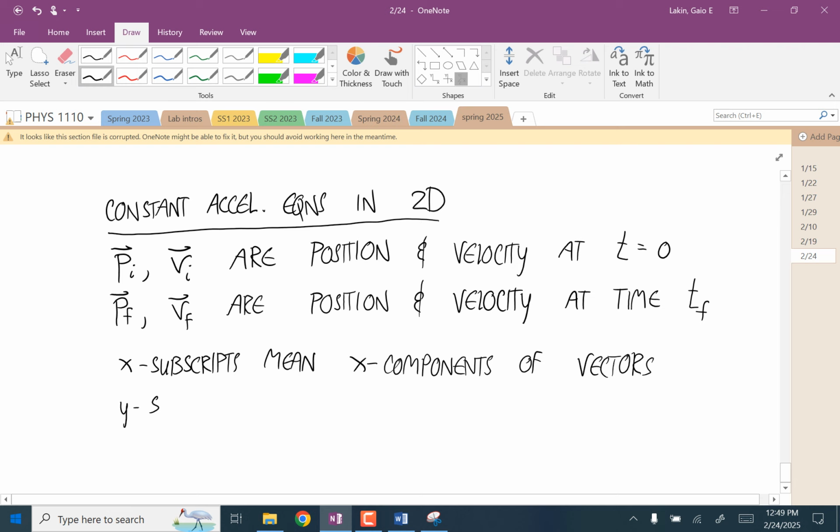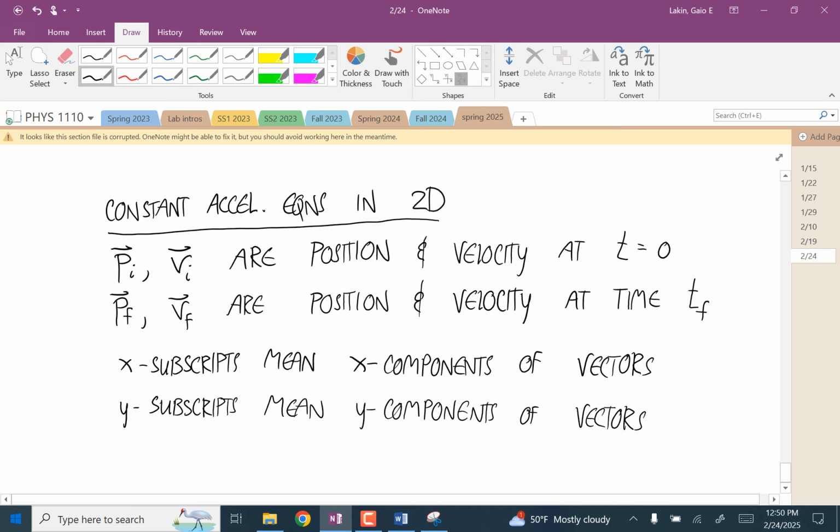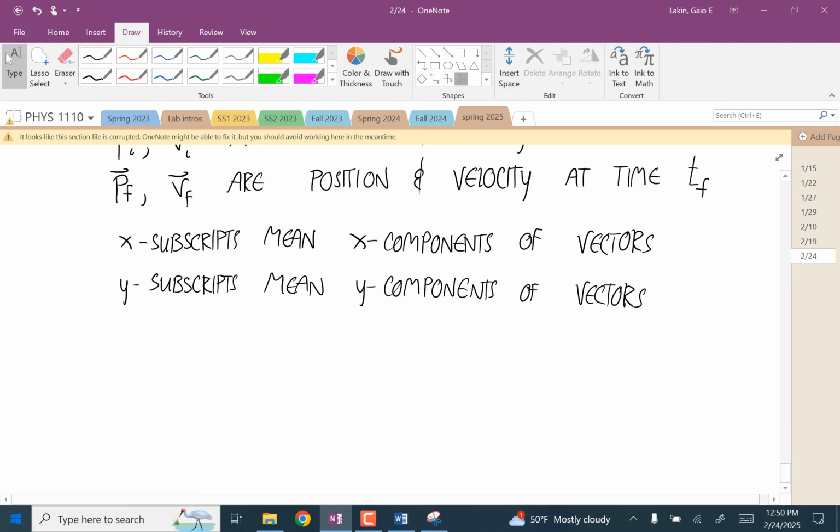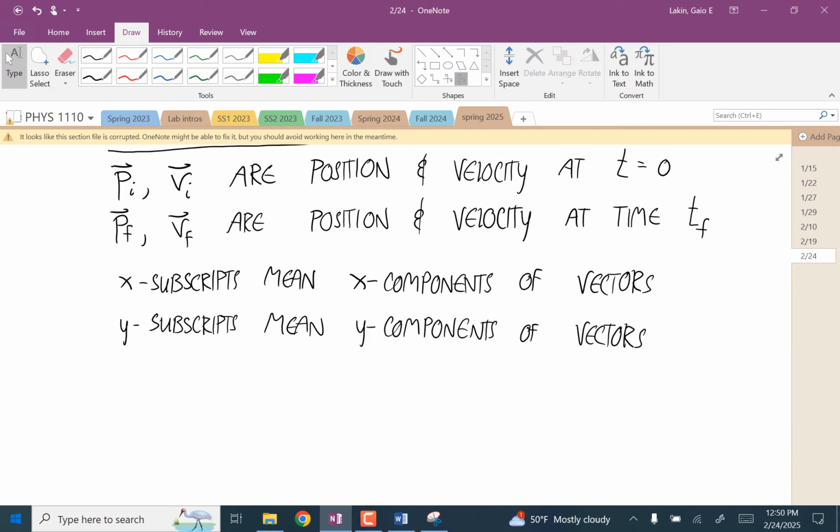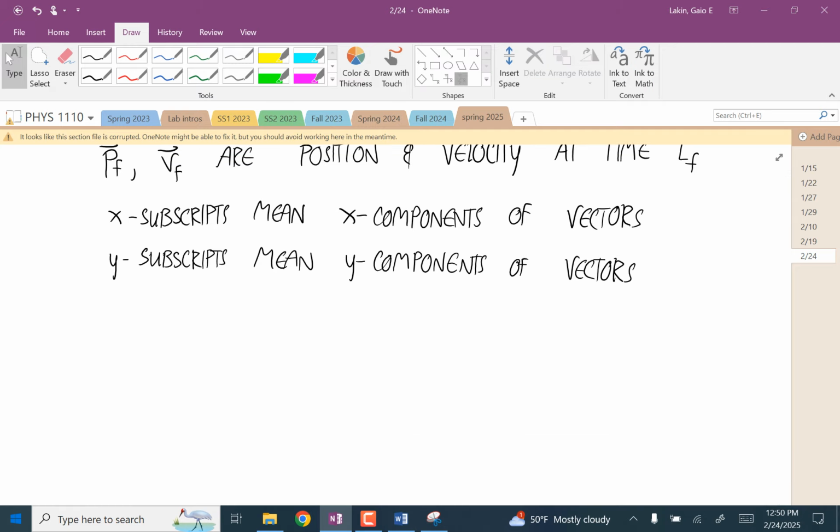And Y subscripts mean Y components of vectors. Then the constant acceleration equations are, so I want you to notice that they're basically the same as they were in 1D. It's just now we have components and stuff.